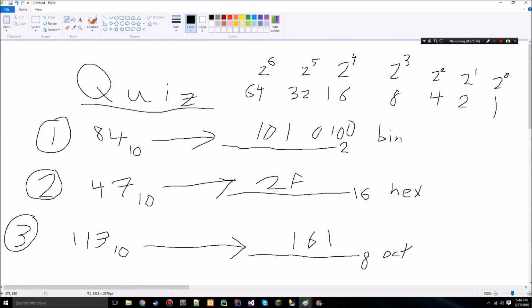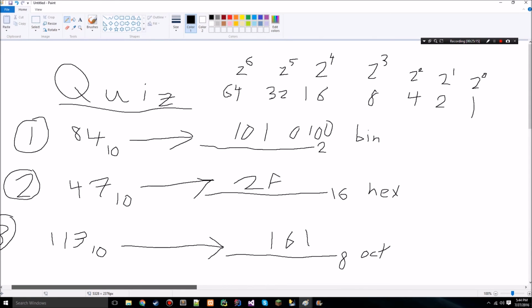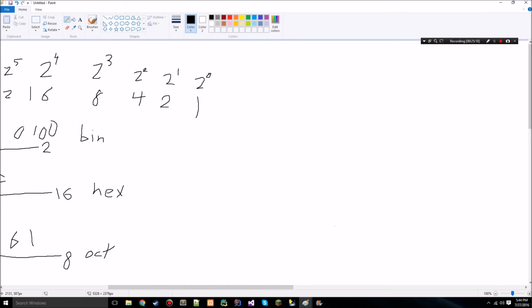So 47 base 10 into hexadecimal. Let's do up the mountain, down the mountain. 47 divided by 16, we get 2. 2 times 16 is 32. 47 minus 32 is 15, so our remainder is 15.